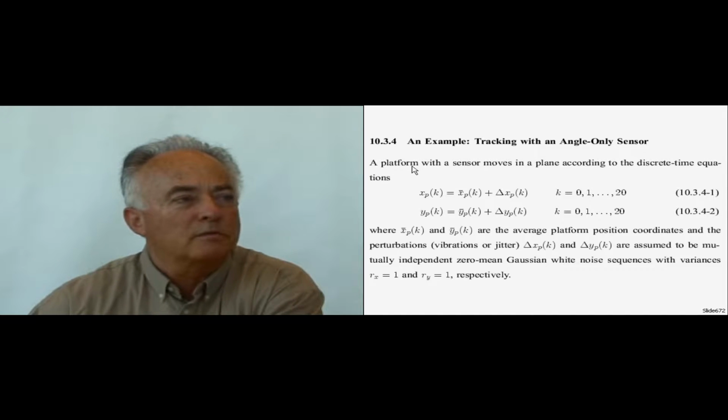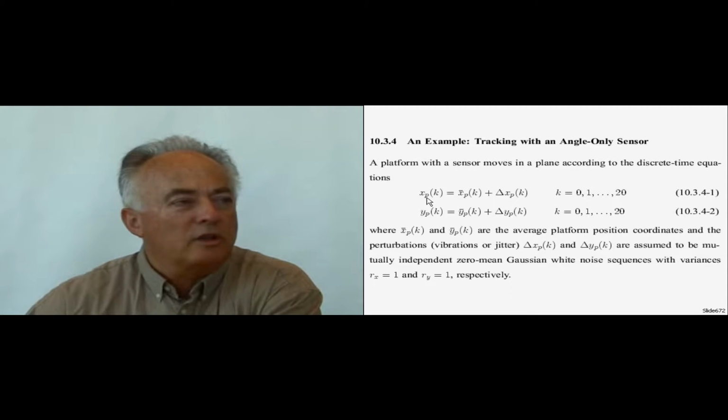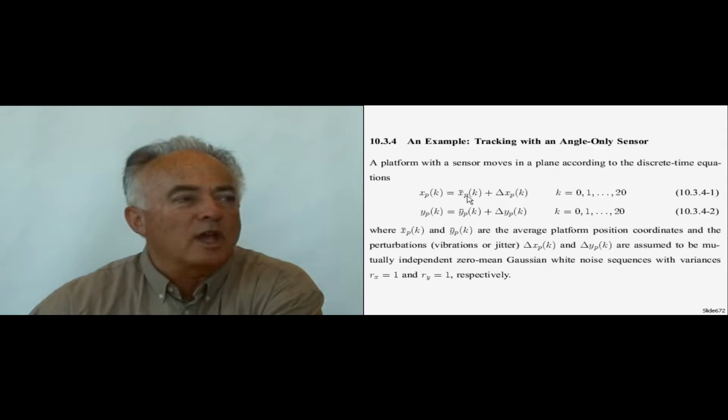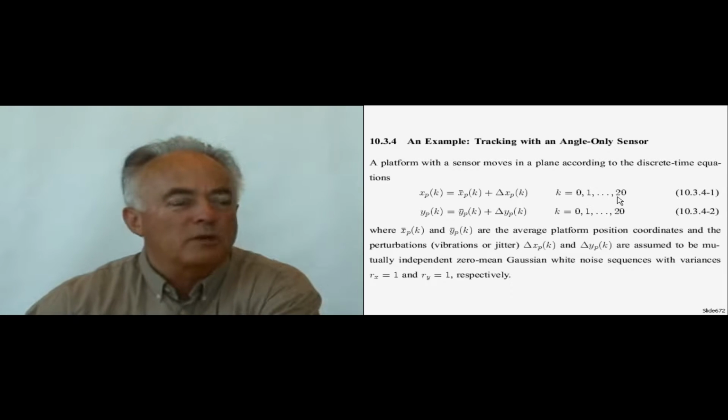There is a platform on which the sensor is located, and it moves in a plane according to the discrete time equations stating that the position of the platform at time k is an average position plus a perturbation delta xp. This goes on for 21 sampling times from 0 to 20.